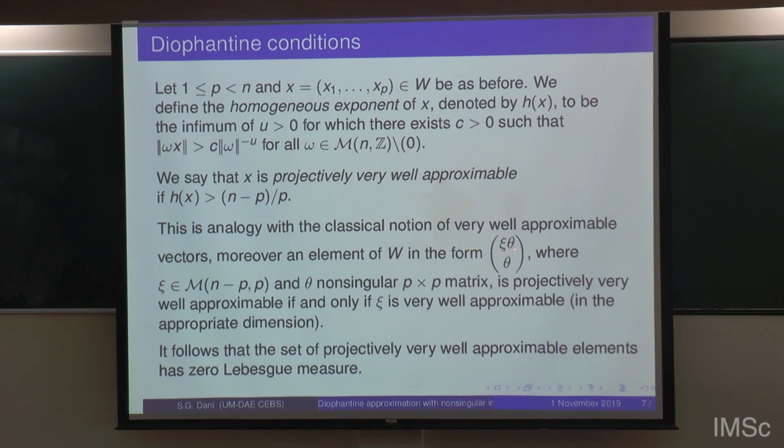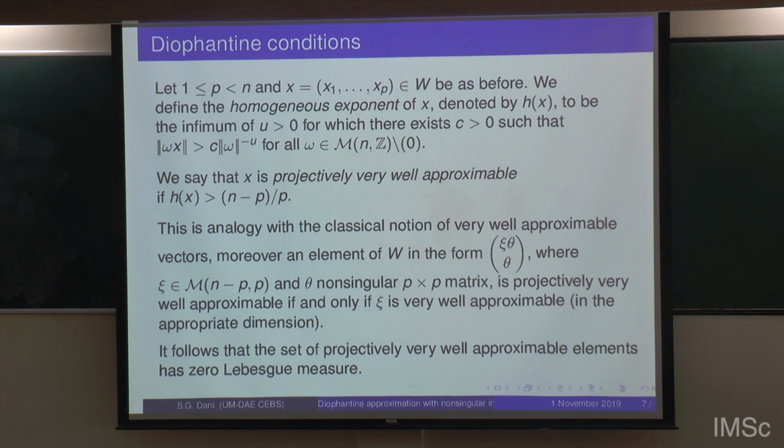This theta is non-singular, so whatever matrix you have here, you can write it in this form, and the relation is that x is projectively very well approximable if and only if xi, this is an (n minus p) cross p matrix, is very well approximable.